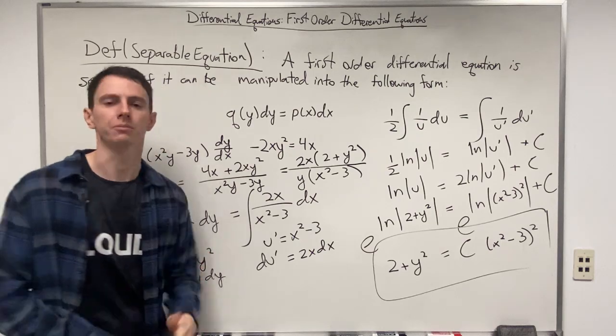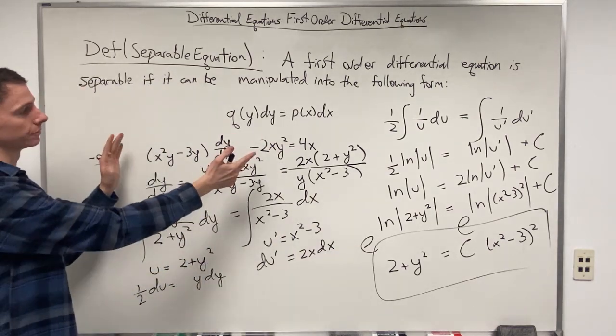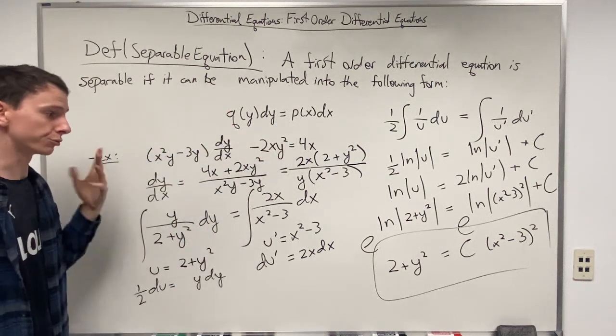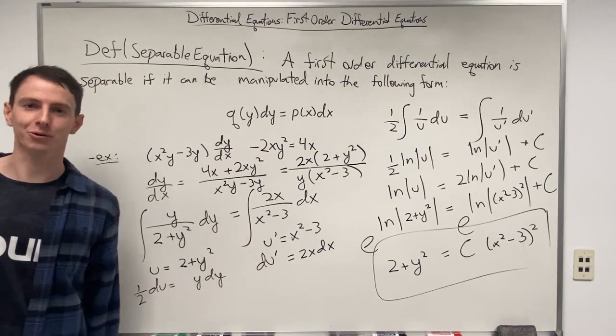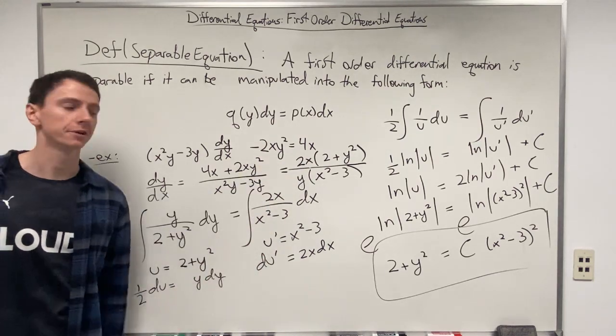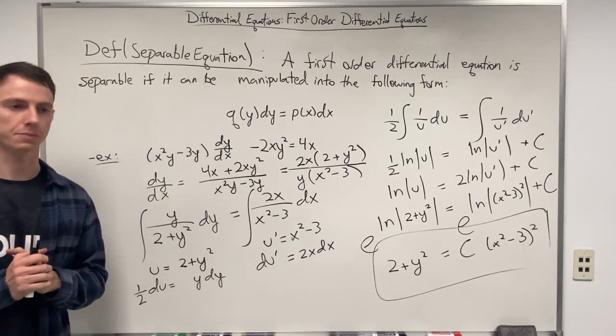Okay, so that would be the process for 1, taking a differential equation and writing it in this separable form, and then 2, just I guess kind of a calculus review, right? Just integrating whatever function you have. In this case, they're both solved by just performing a u substitution.